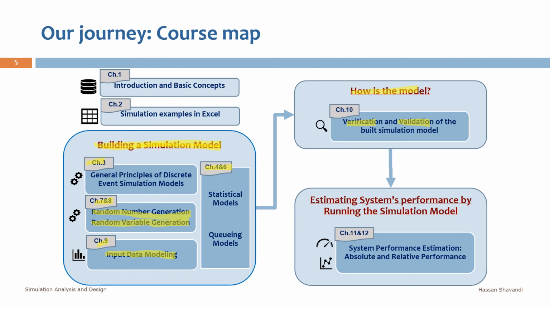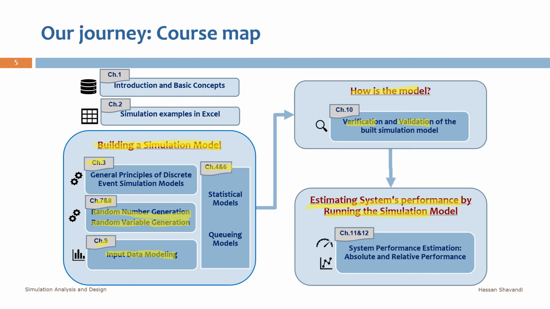So after validating the simulation model, we can run it for a while, and then we can obtain simulated data, and based on the simulated data, we can estimate the system's performance.